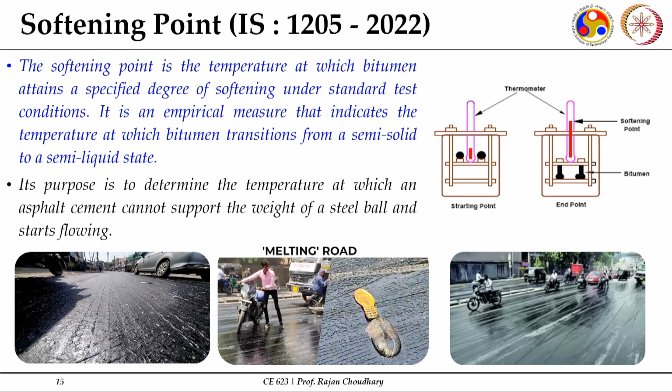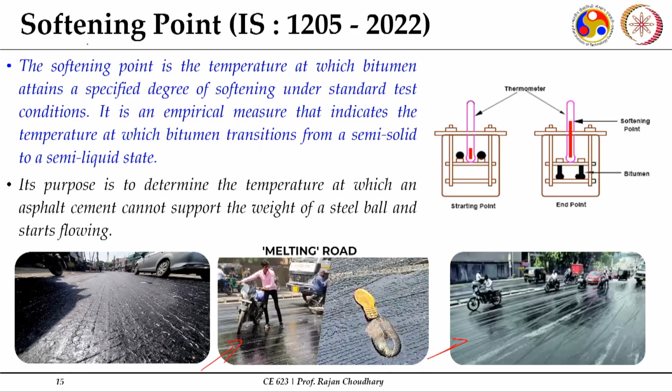You might have seen news on some road sections where the road is sticking to the vehicle tires, and especially the roads are melting down. What is happening? The binder is becoming soft at higher temperatures. So, in addition to viscosity and penetration, there is one popular test to measure the consistency, which is the softening point test.